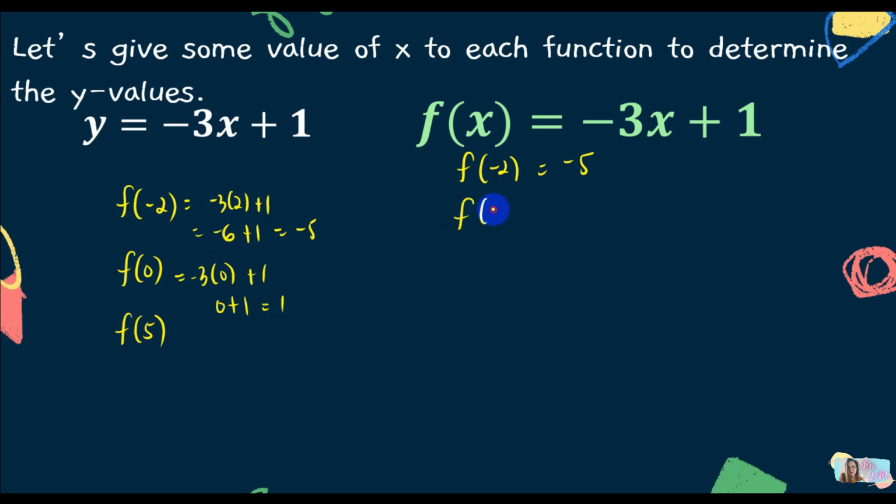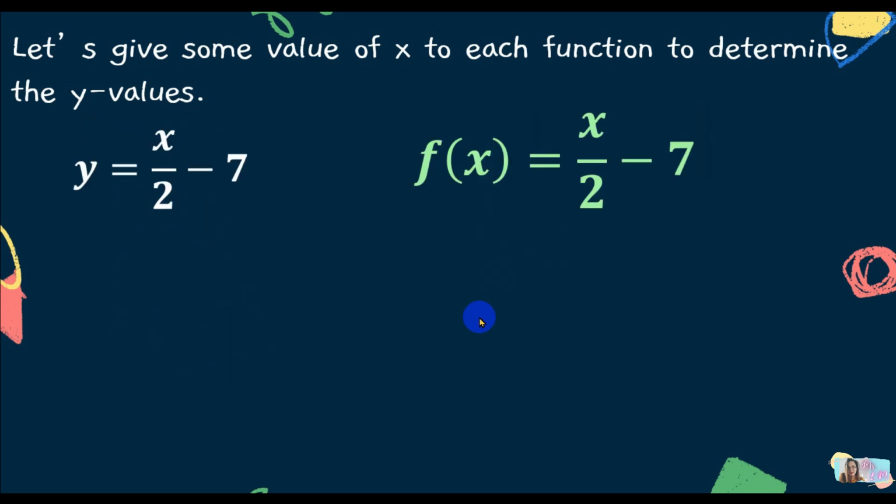So, for f of 0, the answer is positive 1. Then the last one, f of 5, negative 3 times 5 plus 1. So, that means negative 15 plus 1 is equals to negative 14. So, for f of 5, the answer is negative 14.